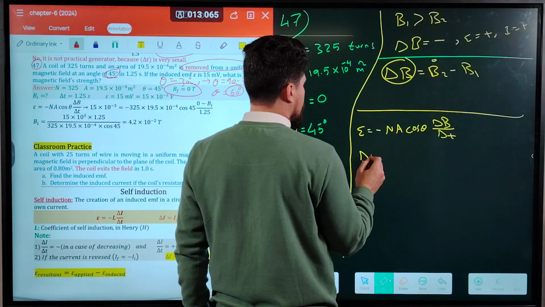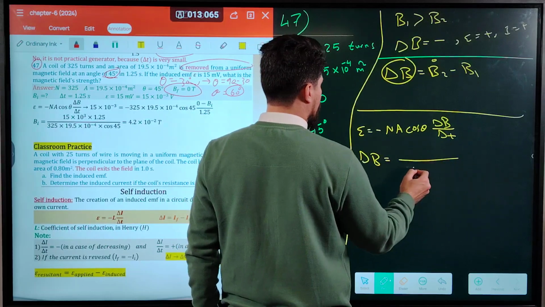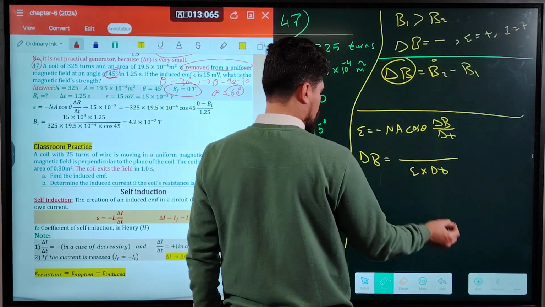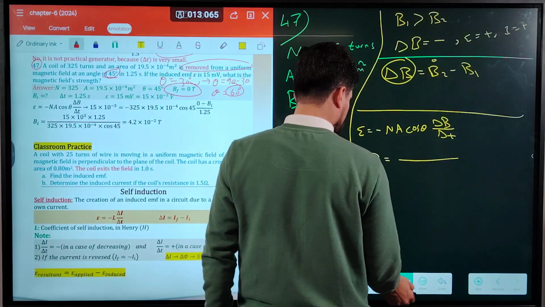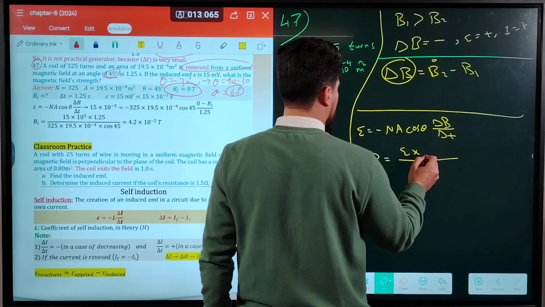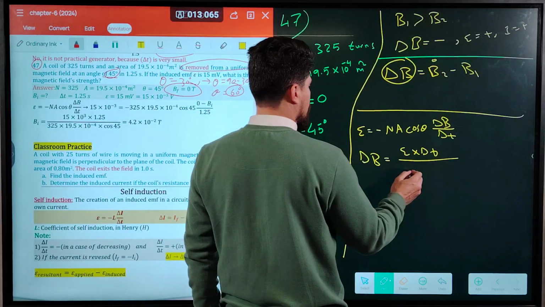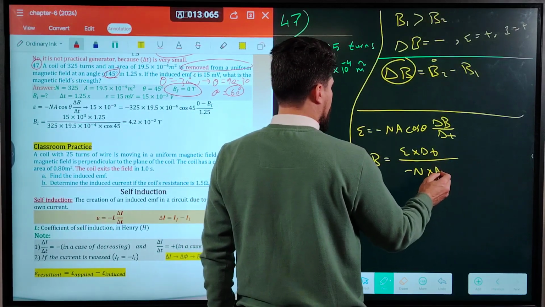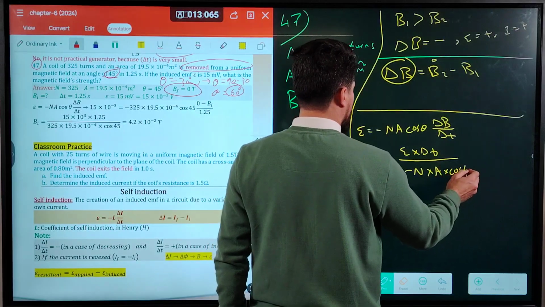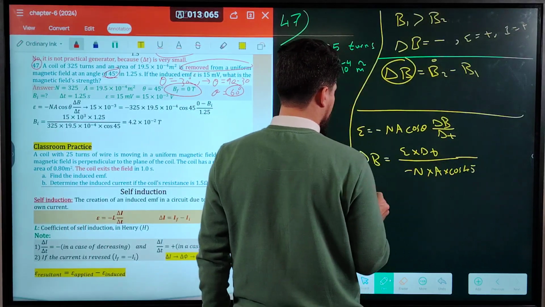Delta B is equal to what? Rearrange the equation: EMF times delta T goes up, and negative N A cosine 45 goes down.